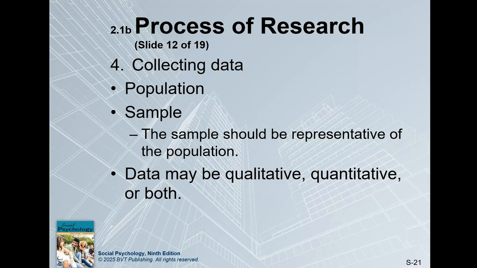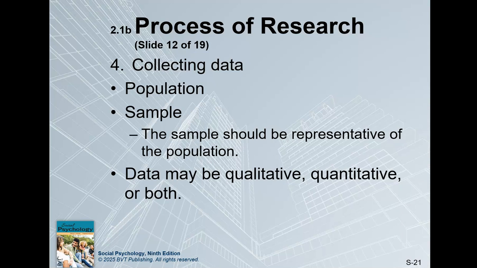Okay, so how do researchers collect the data? They first start off by talking about, well, which people are we going to research, socially speaking? And that is called the population. That is everybody involved. Okay, for our uses, we're going to kind of define this a little more.